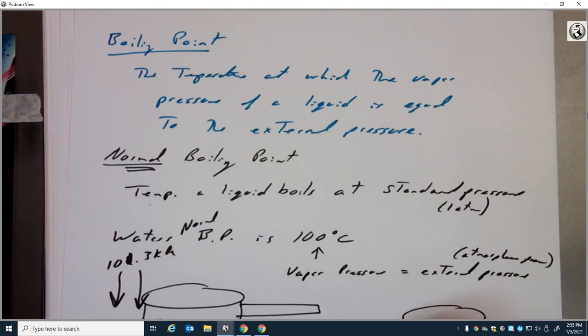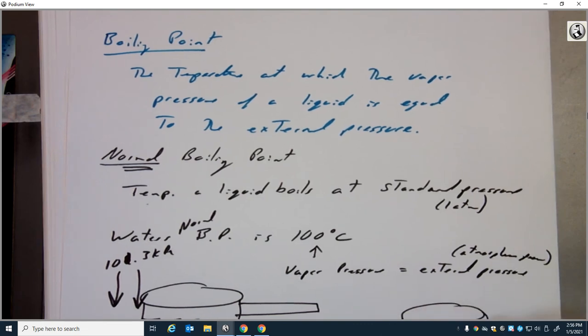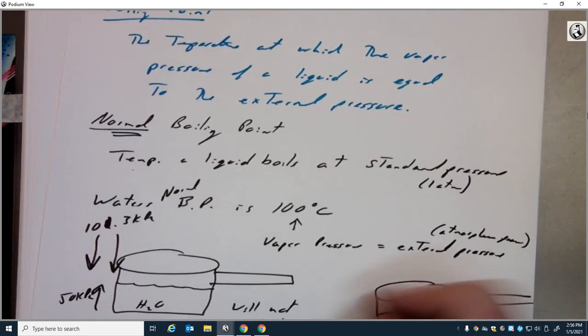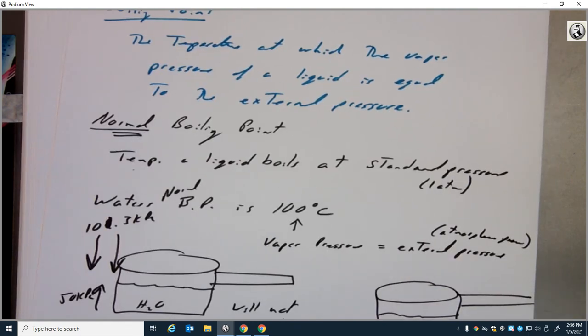If we heat our pot up to 100 degrees C, it raises the vapor pressure to 101.3 kPa. So now the pressure pushing down, or external pressure, is equal to 101.3.